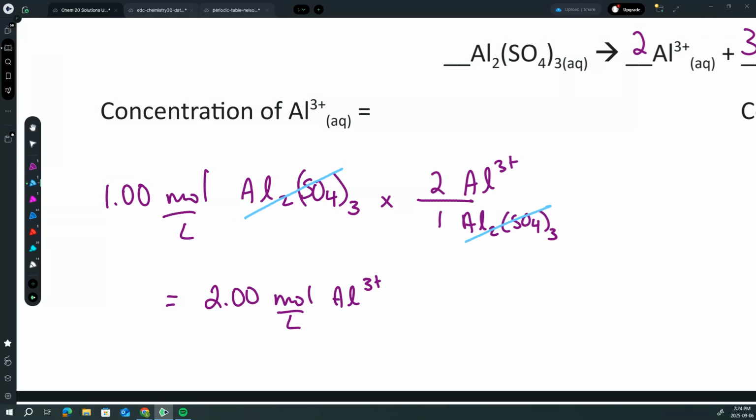Just keep in mind that the mole ratio can be used to convert from one substance to another if your units are either moles, liters, or mole per liter. Those are what you need in order to use the mole ratio.